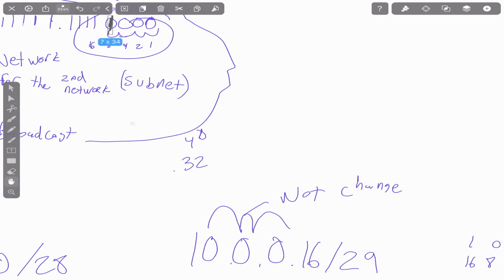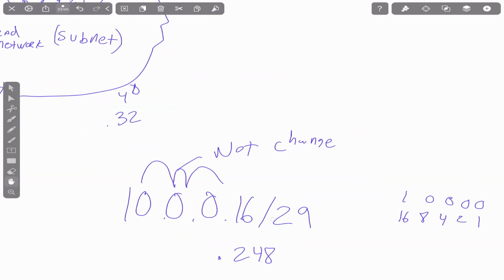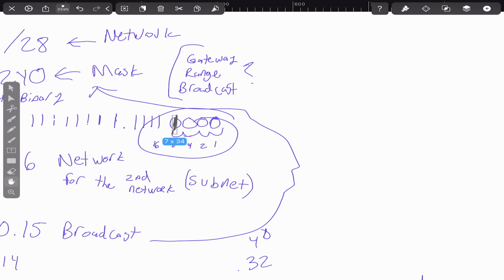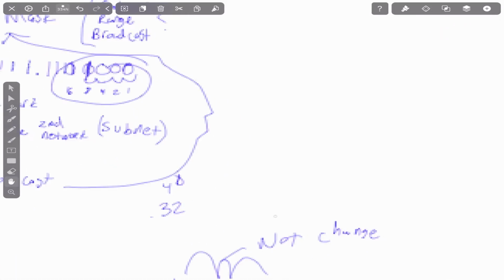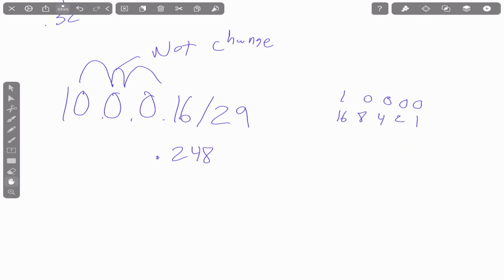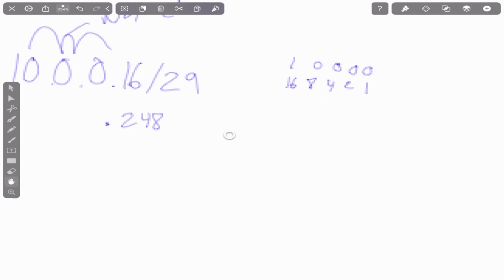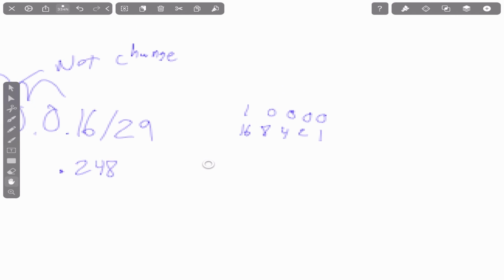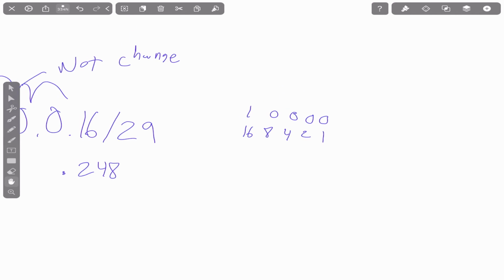Usually, a lot of the times when people teach subnetting, they do the opposite way, and they'll say we'll actually borrow this bit and make that a 0. I'm just going to do the reverse, because it's the same thing. So we're taking away that bit.